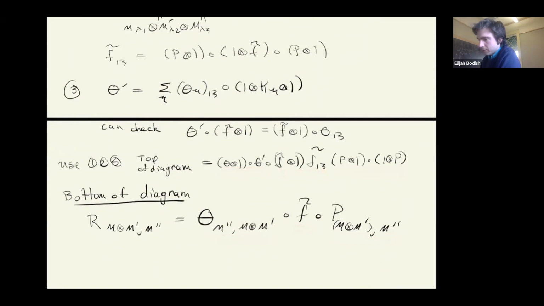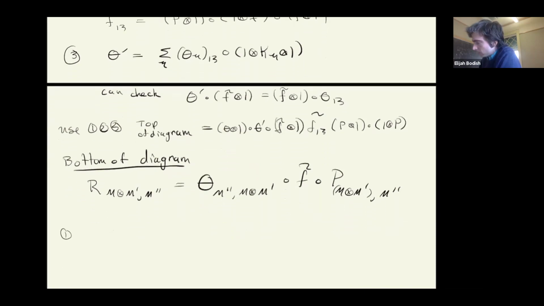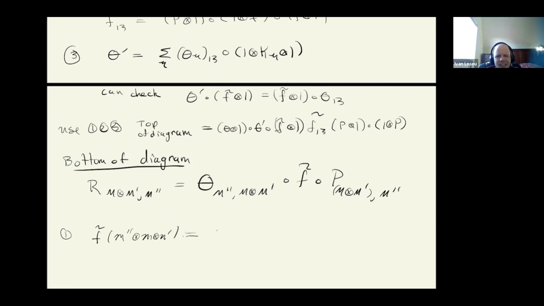So for the f's, it's essentially by definition, following from some of the relations that we imposed on the f's. So f̃ was, if I plug in M'', M⊗M', defined in this context as... Wait, maybe we can skip checking this because you actually gave a definition of f̃, and then it's just some equality of pairings of weights.